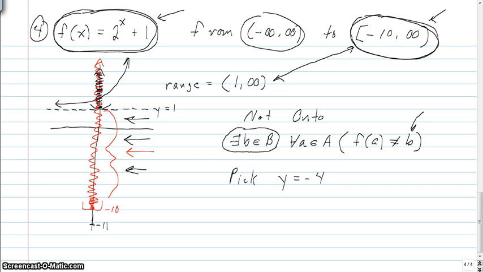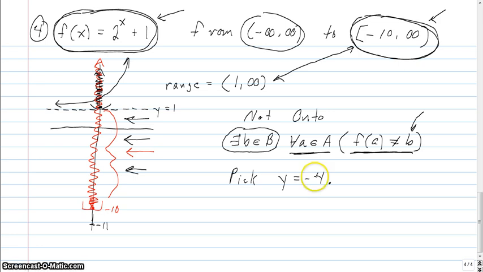That's outside of the codomain. So let's say y equals -4, and then what we've got to show is that no matter what the x value is, for all the x values, we're never going to be able to plug that x value in and get -4.